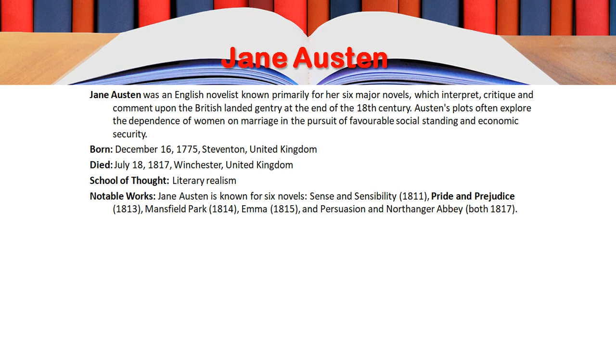Austen's plots often explored the dependence of women on marriage in the pursuit of favorable social standing and economic security. And Jane Austen was against this ideology and urged women to make their own identity in society. That was the major gist in all her novels.